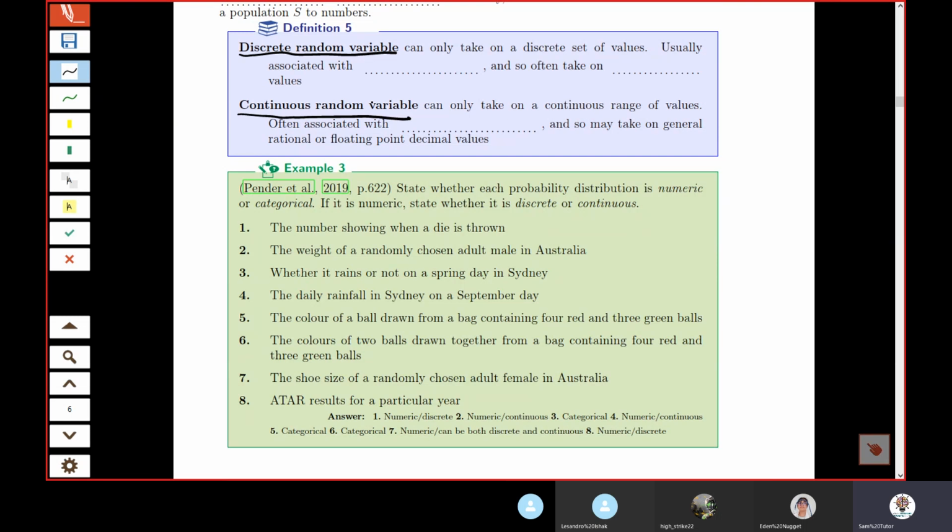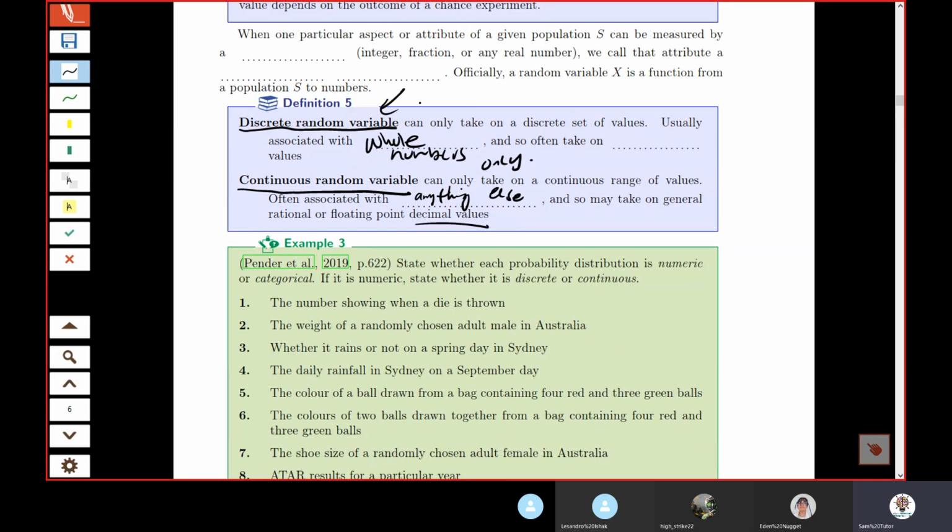So discrete can be whole numbers only, whereas continuous ones are often associated with anything else, usually decimal values or fractions. Discrete random variables would be how many cars you have, how many tails when you flip a coin, and so on.